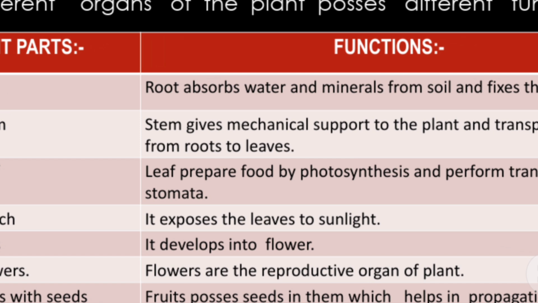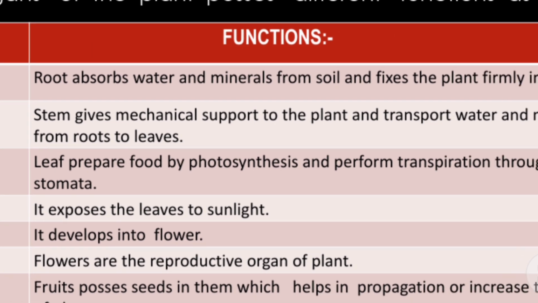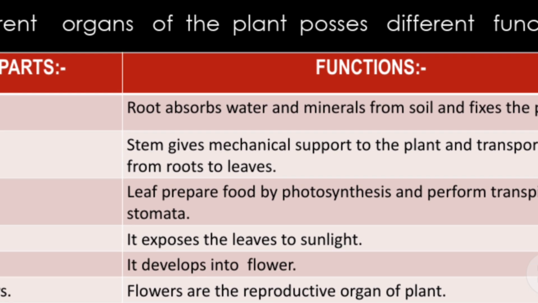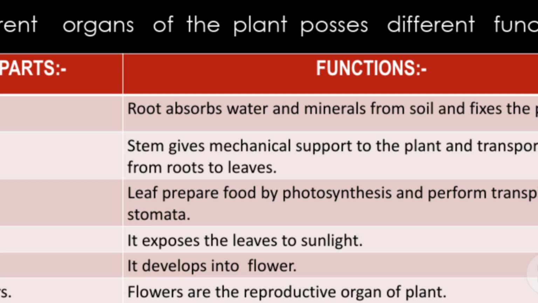A stem gives mechanical support to the plant and transports water and minerals from roots to leaves. So the stem is the support of the plant, and also it transports water and minerals absorbed by the root to different plant parts and to the top of the plant.